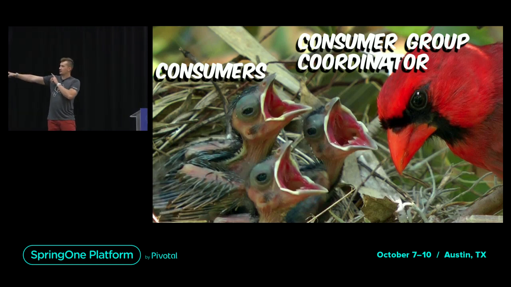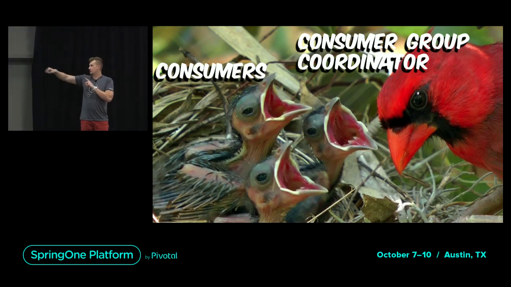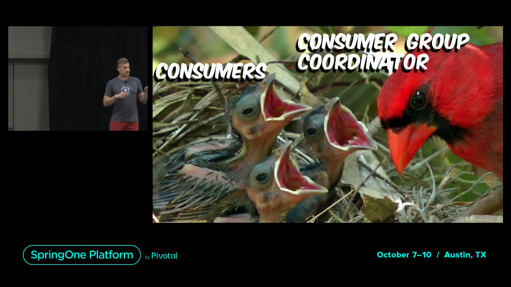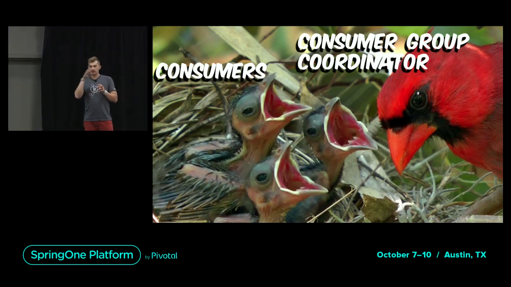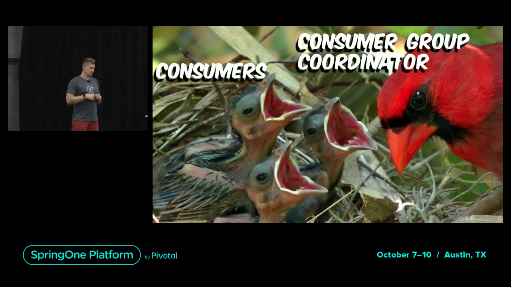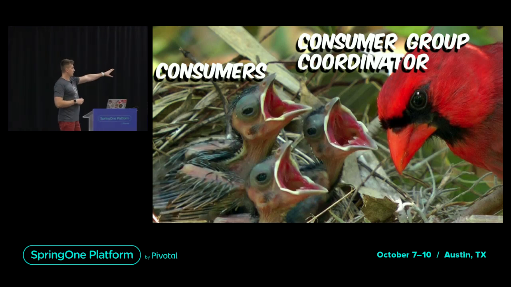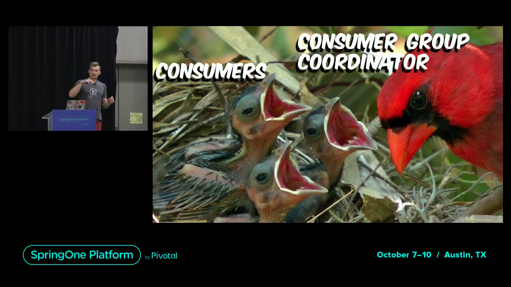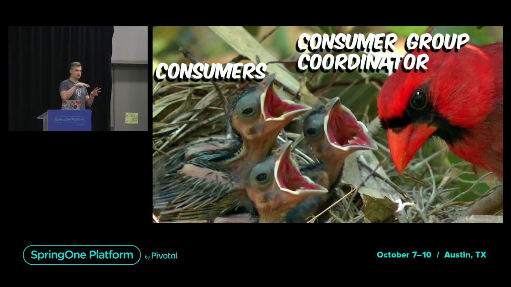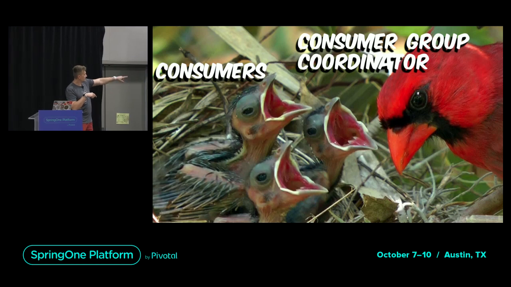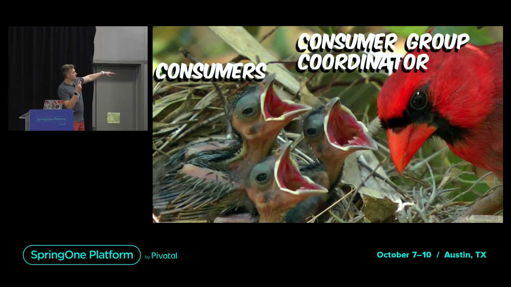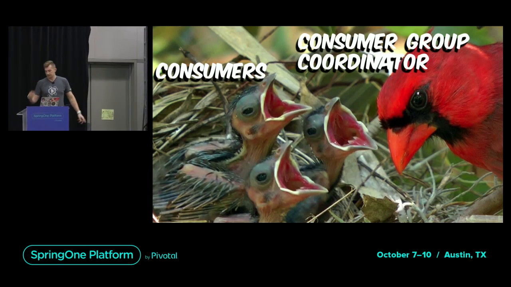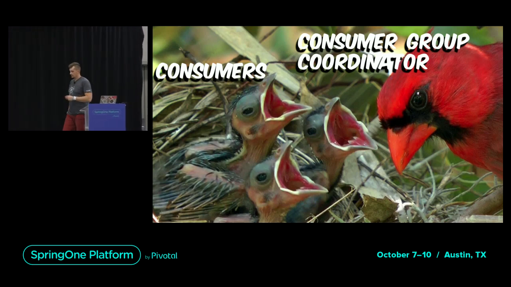So they will get 3 worms, 3 and 4. And the mommy is responsible for balancing this and equally distributing the food. If one more baby bird hatches, the mommy bird will stop the feeding process and distribute these partitions again. It's going to be 3, 3, and 1, for example, because we increased the number of consumers.